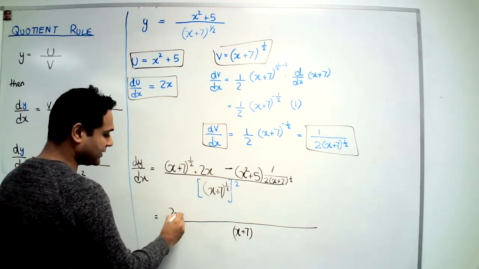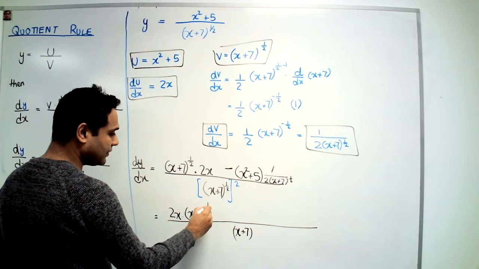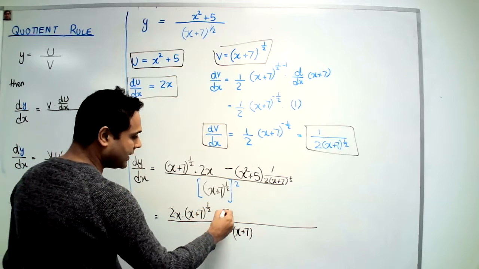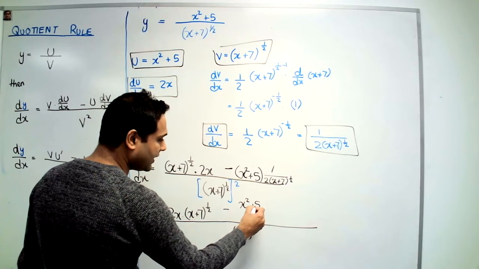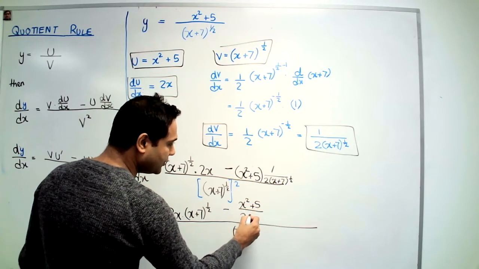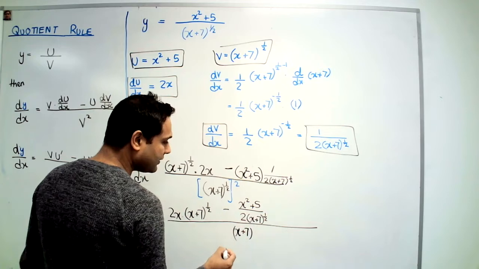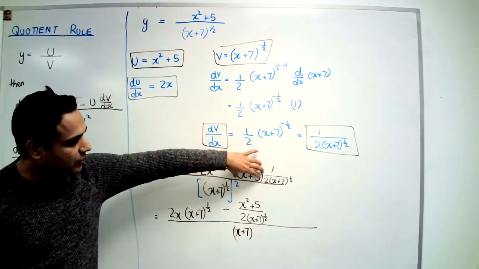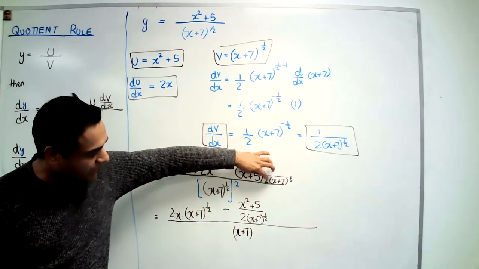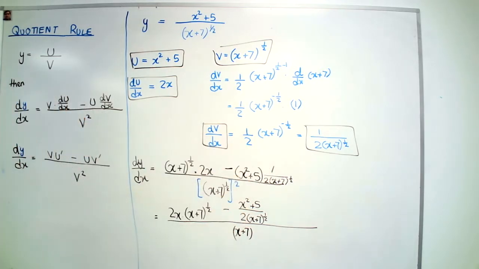So I'm going to write 2x first, bracket x plus 7 to the half. That's that one done. Minus, this becomes the x squared plus 5 over 2 x plus 7 to the half. Yeah, that's how it works, because this is the top bit multiplied by the denominator, that comes under that bit. So I just put that.